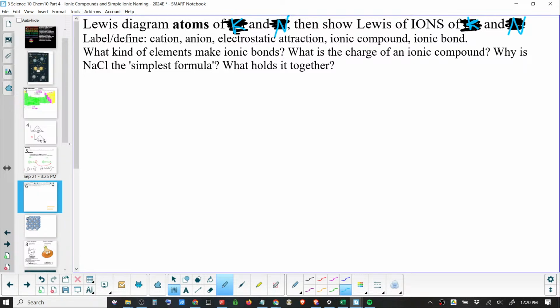So, I'm asking you to draw the Lewis dot diagram of the ion. You can start off with the atom, and when I go through it, I'll probably start off with the atom and then make it the ion. But you need to draw out the correct number of ones, which will probably become more obvious once you draw the first two.